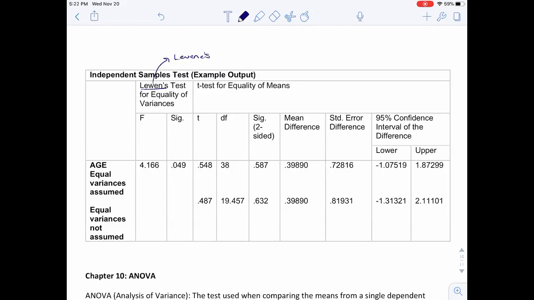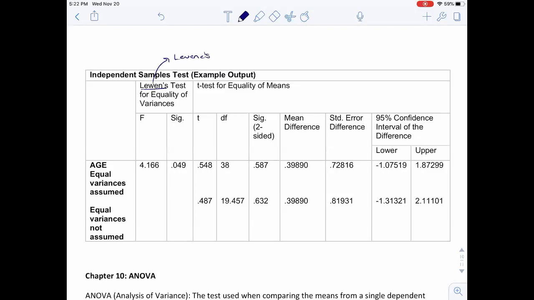We're going to ignore whether it's one-sided, two-sided, whatever. We're just going to use a p-value of 0.049. If the p-value is 0.049, that's less than 0.05, so we can reject H0, which means that if we're rejecting H0, we cannot assume equal variances.